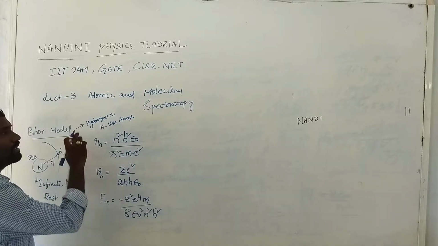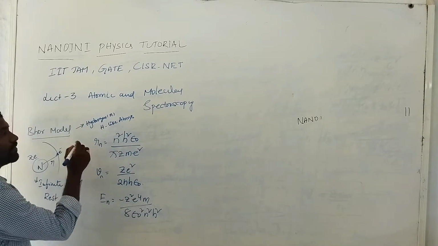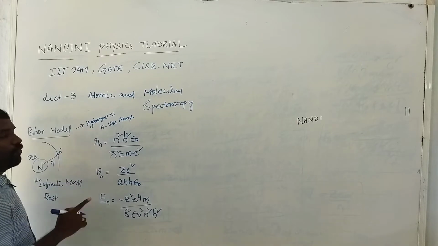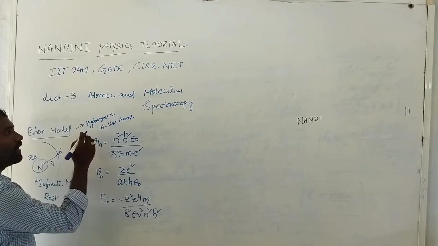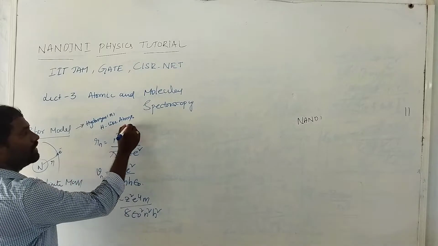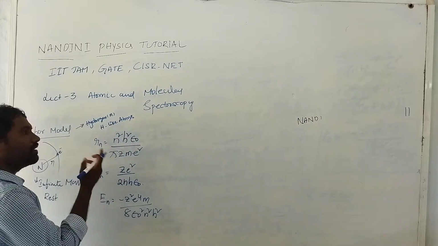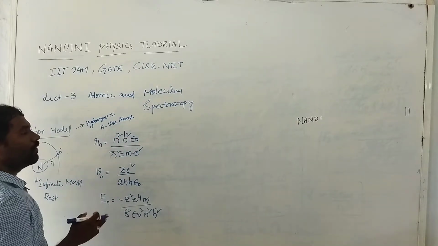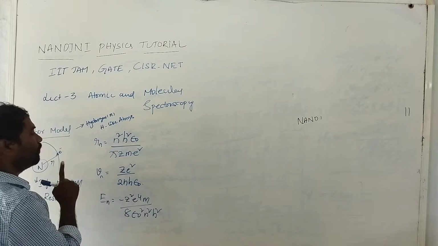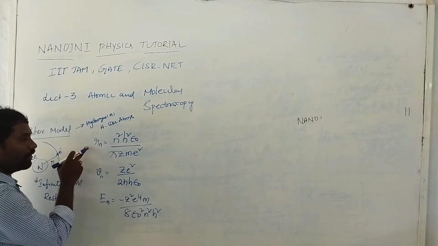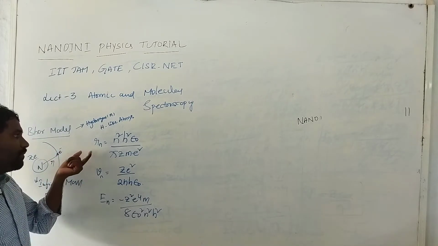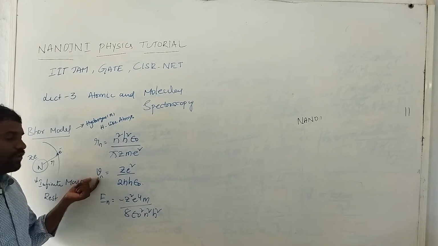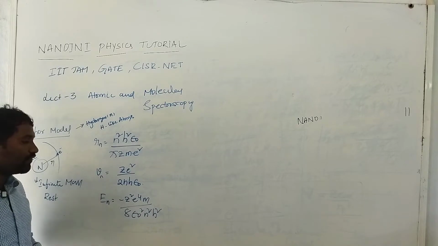What do hydrogen atoms or hydrogen-like atoms mean? They contain only one electron and a proton. Hydrogen-like atoms means, for example, lithium or beryllium, which contain a number of protons and finally one fixed electron. By using this theory he explained the radius of the atom, velocity of the atom, and similarly the energy of this atom.